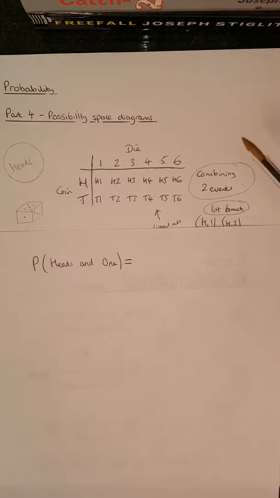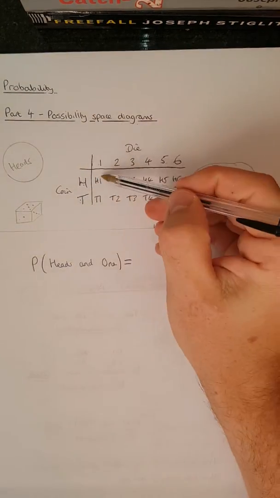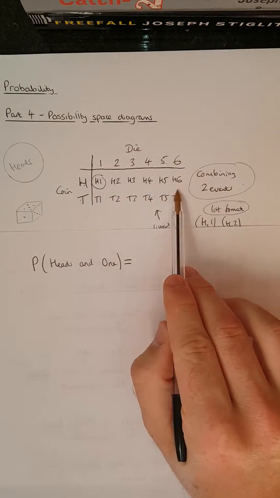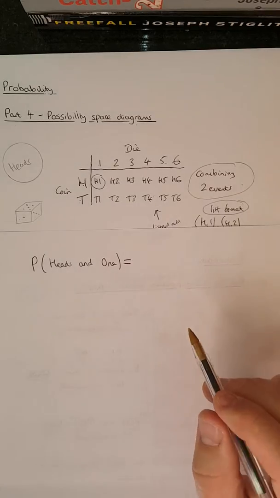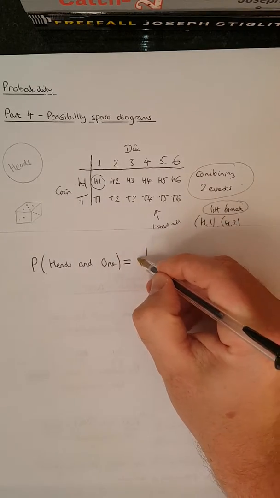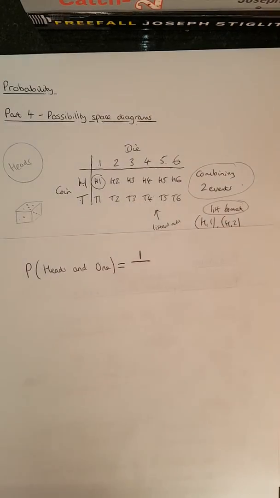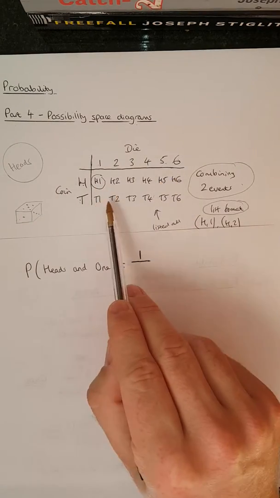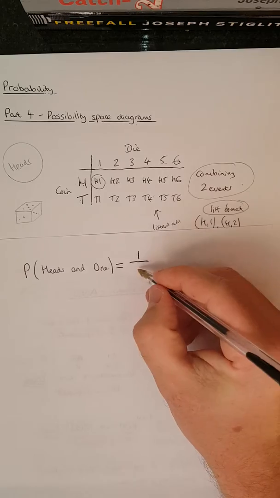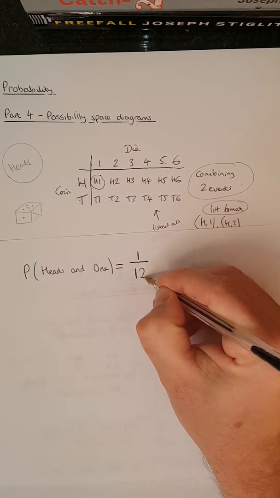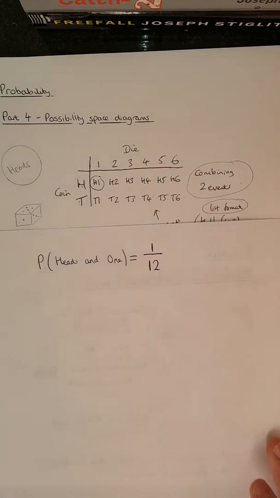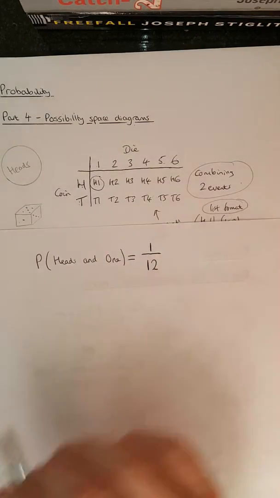Well, here is heads and 1. If I look along here and down here, there are no other heads and 1s. So it's 1 out of something: 1, 2, 3, 4, 5, 6, 7, 8, 9, 10, 11, 12. So the probability of a head and a 1 was 1/12.